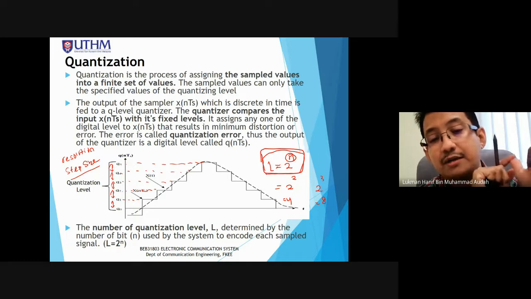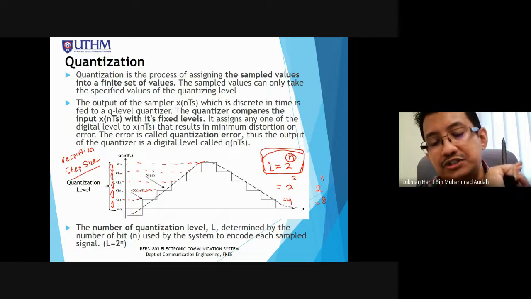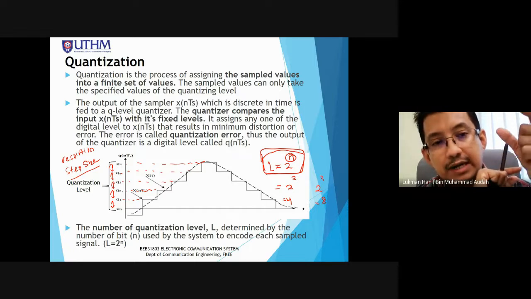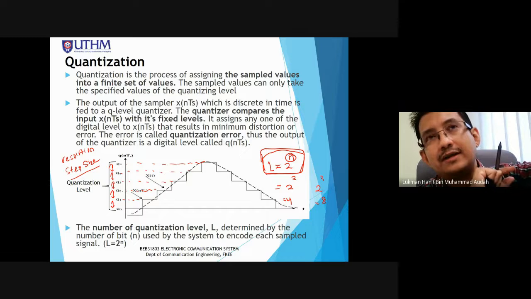Salah satunya adalah bandwidth. Dan salah satu lagi adalah berkenaan dengan power requirement. How much is the power requirement? Itu antara dua perkara utama dalam designing the communication system. Ada banyak faktor lagi sebenarnya, tetapi yang utama, yang paling boleh saya katakan antara yang top lah.